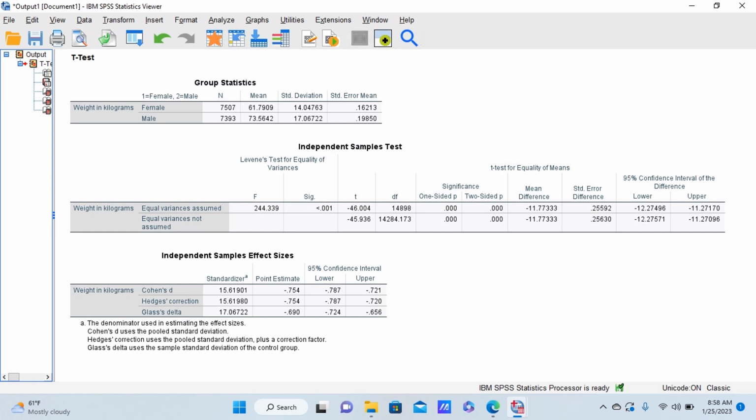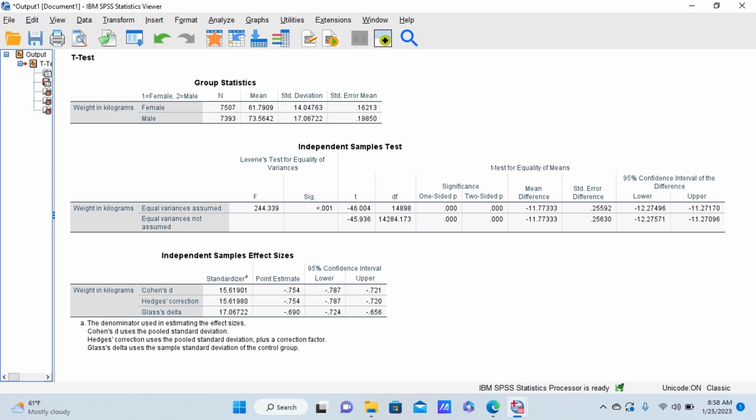Now it does have a significance, you'll see at the bottom under the independent samples test, of less than 0.01. Now looking at the 95% confidence interval of the difference, on the lower end and the upper end, we do have a significant number. When it is negative, it doesn't necessarily matter, because if you switch the base and the test group, you would get positive numbers.